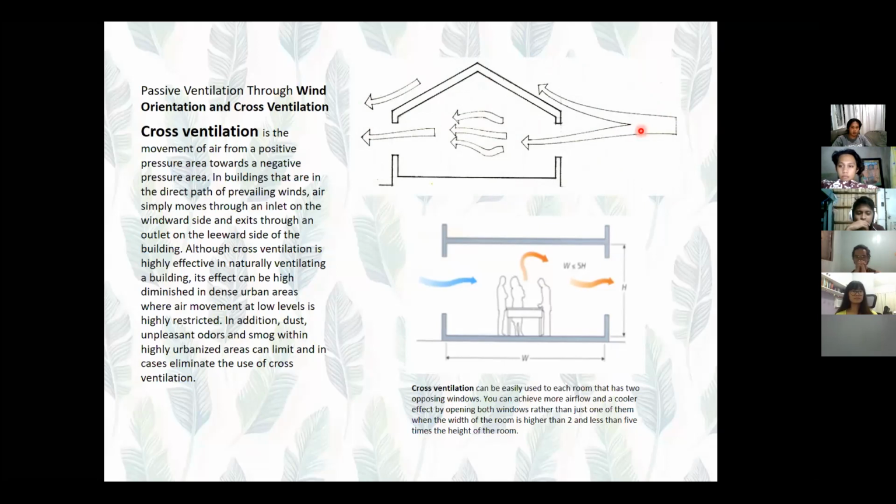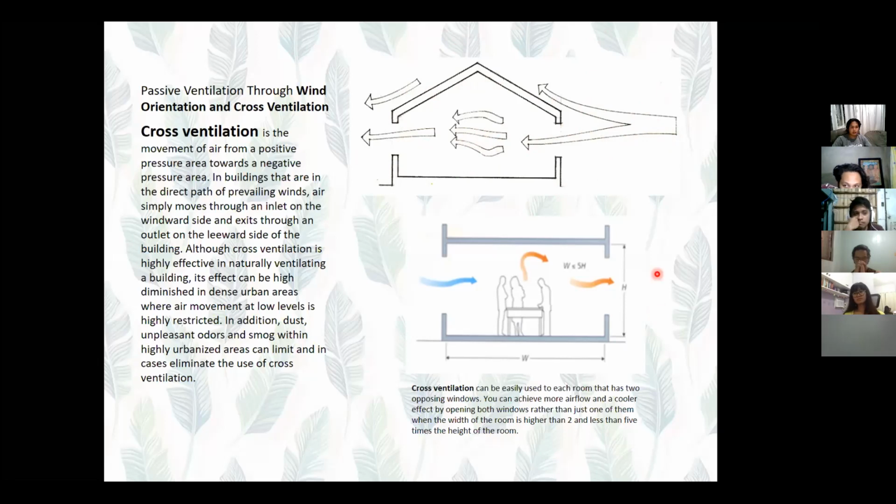Right? So kung makita ninyo, if you can see my laser pointer at this part, okay? This is the windward. Tapos, ito dito, yung mainit na hangin, it pushes the hot air outside. Tapos pinapalitan niya ng malamig na hangin. Cooler air. Ganun lang yan. Plus, in addition, yung wind speed, thus creating the cross ventilation.